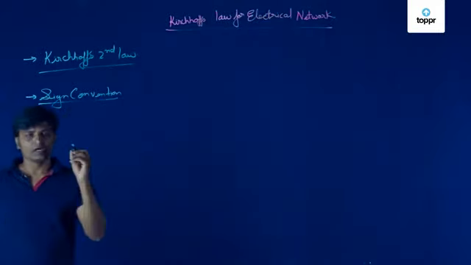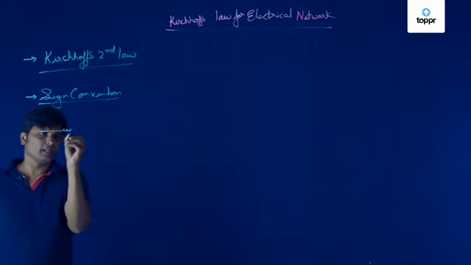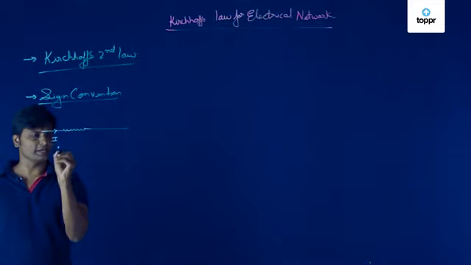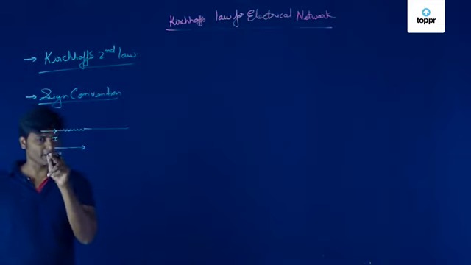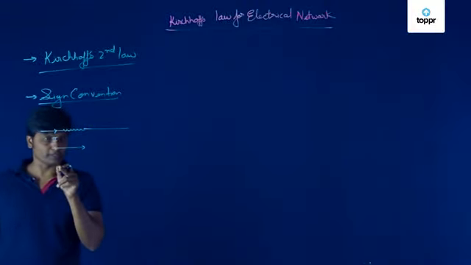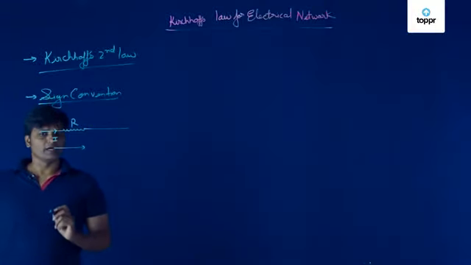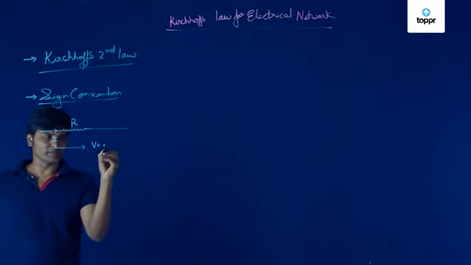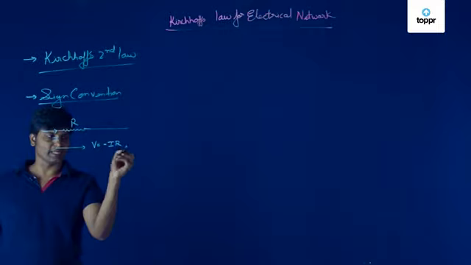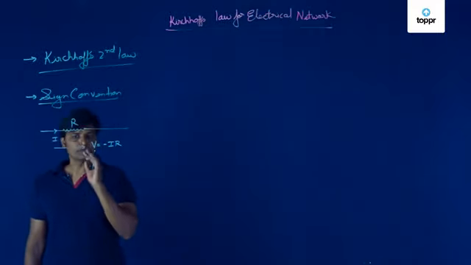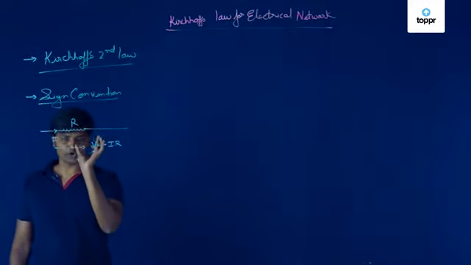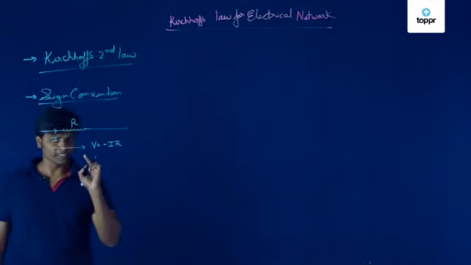While traversing the loop in the direction of the current, the potential difference across the resistor will be considered to be negative.